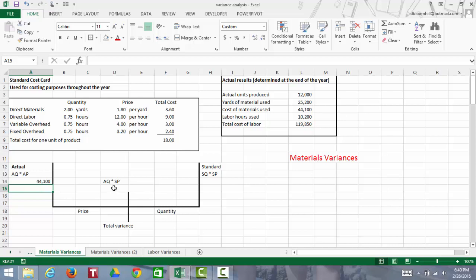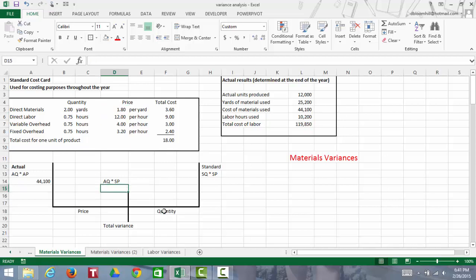Now let's try to calculate that middle prong. We're going to notice that over here, the middle prong, the actual quantity of material used is given to us. We're told that we used 25,200 yards of material, and we also know the standard price. The standard price comes from the standard cost card, and it's $1.80.